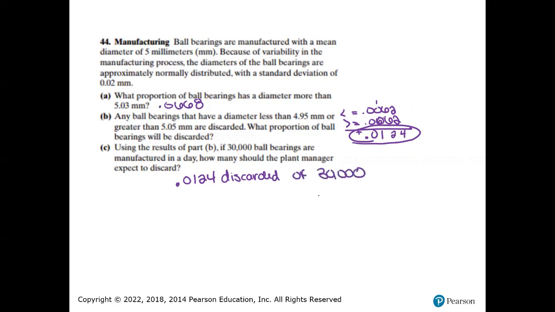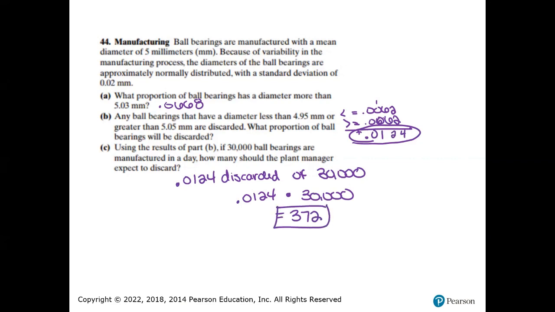Anytime we read a statement like that, 0.0124 of another number, that means we multiply. So 0.0124, we're going to times that by 30,000 and figure out how many we would have to probably discard. So you just type that into a calculator and I got 372.